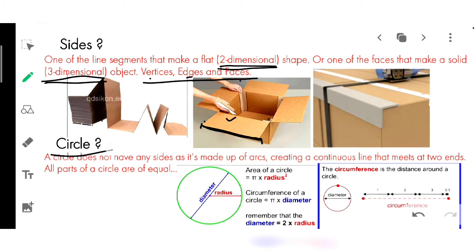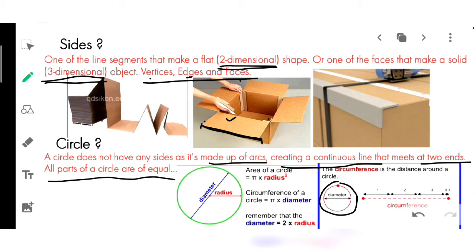Let us check, does a circle have any sides? No. Why? Because the circle is an object formed by starting at a fixed point and ending at the same point. So it has no sides and it is made up of arcs, creating a continuous line that meets at 2 ends. All parts of a circle are equal. We know the circumference of the circle is this, the diameter of the circle is this, and the radius of the circle is this.